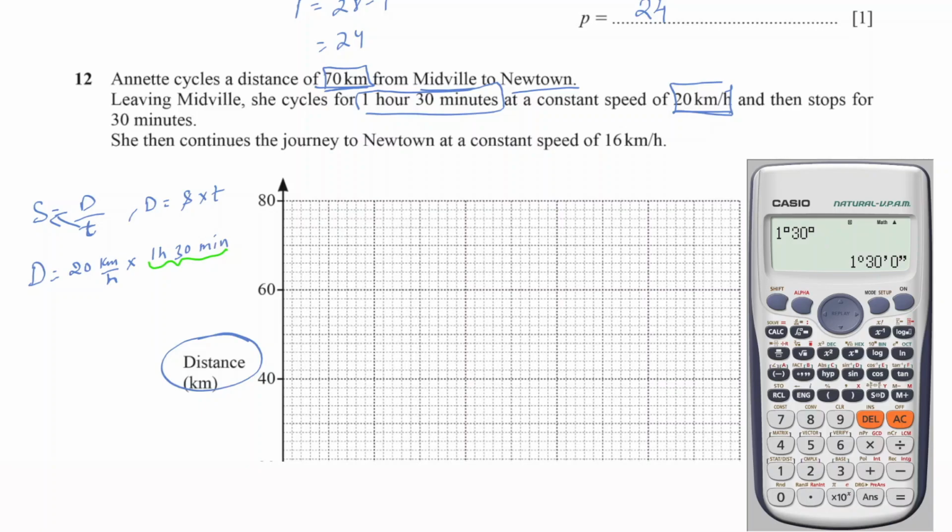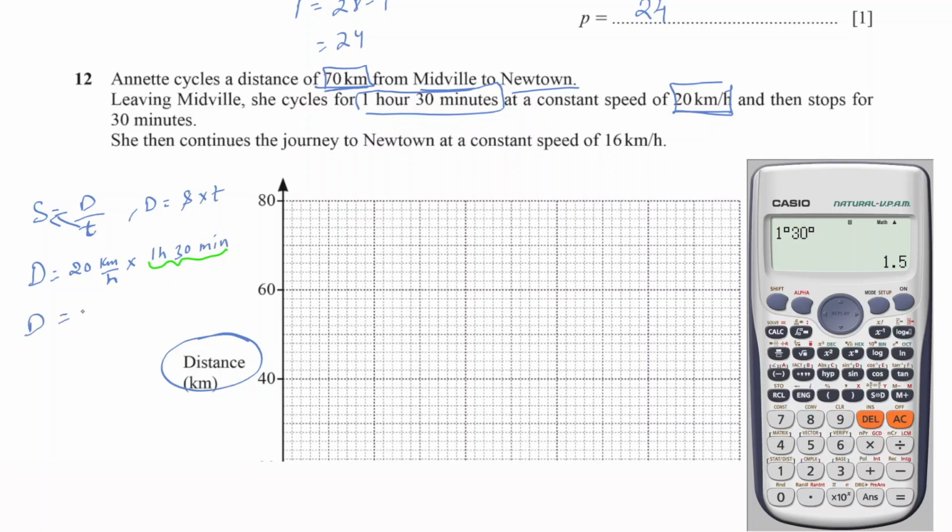And if you press shift SD, you will get 3 by 2, the fractional form. If you press SD again you will get the decimal form. So actually 1 hour and 30 minutes can be written as 1.5 in decimal format, right? So you can do it like that.